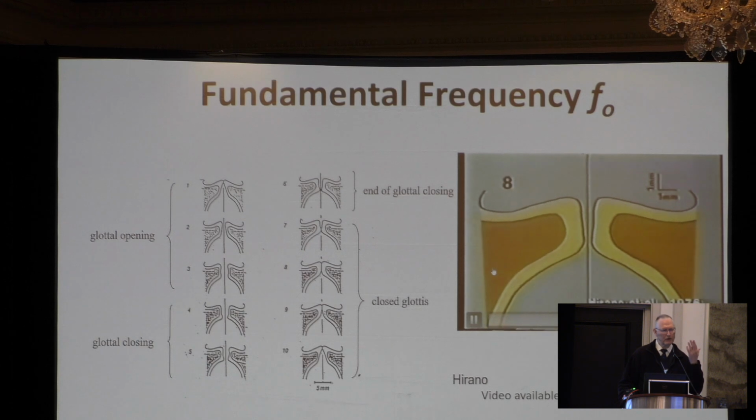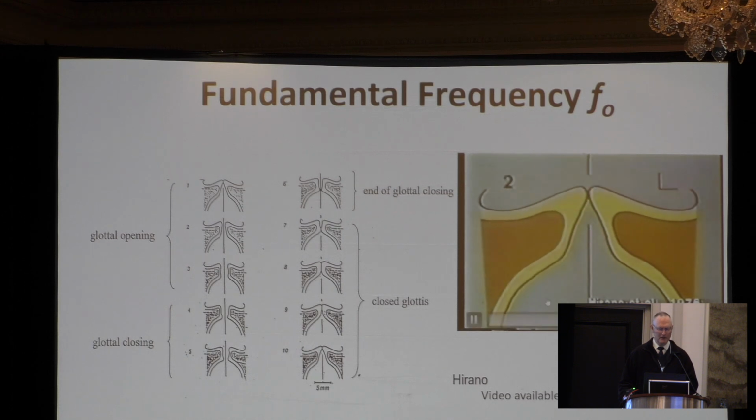So if you now take the frontal view of that, you get the video that was constructed from Hirano's 10 phases here. And the main thing to realize for sure is the immense necessity for very pliable mucosal tissue here. So this yellow portion here is going to be deforming throughout the cycle, and it's going to go from a converging to a diverging shape as well.